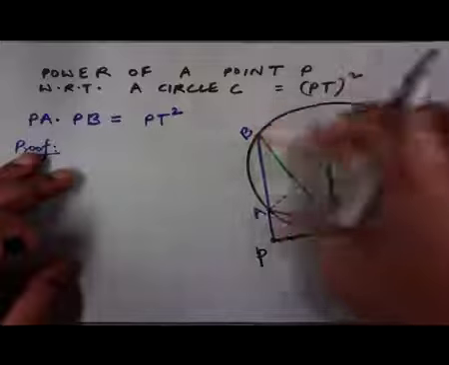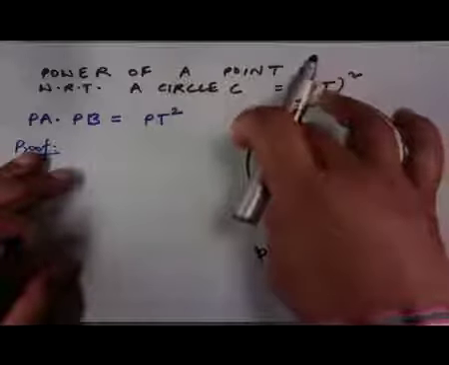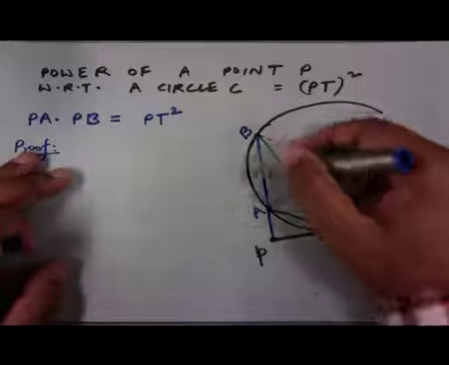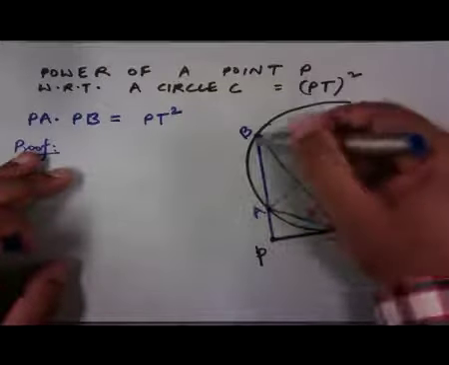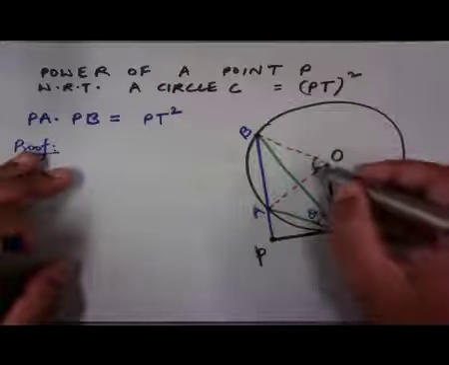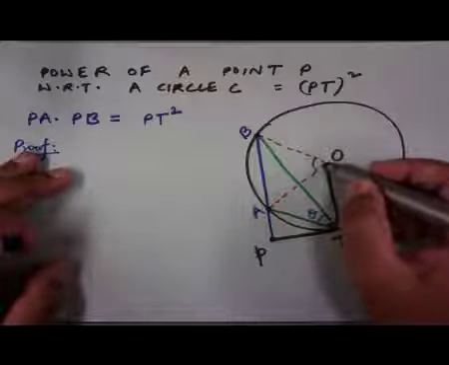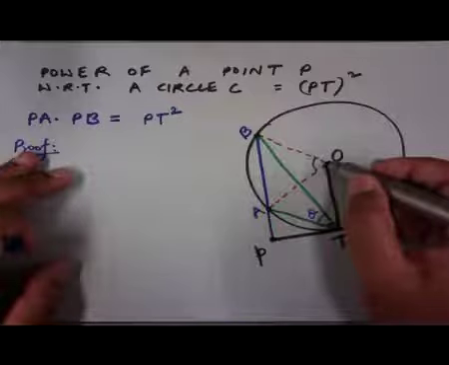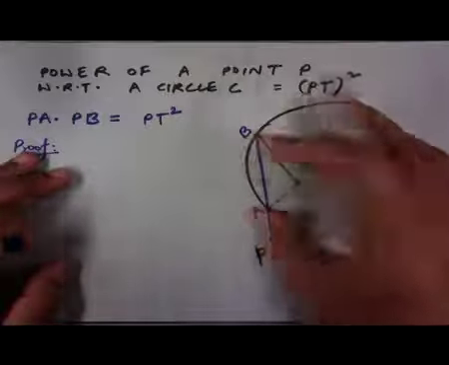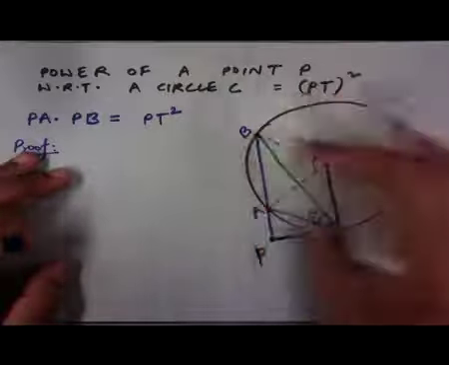the angle subtended by an arc, let us say this arc AB at the center, so I am talking of this angle, is always twice the angle subtended by the same arc at any point on the circumference.